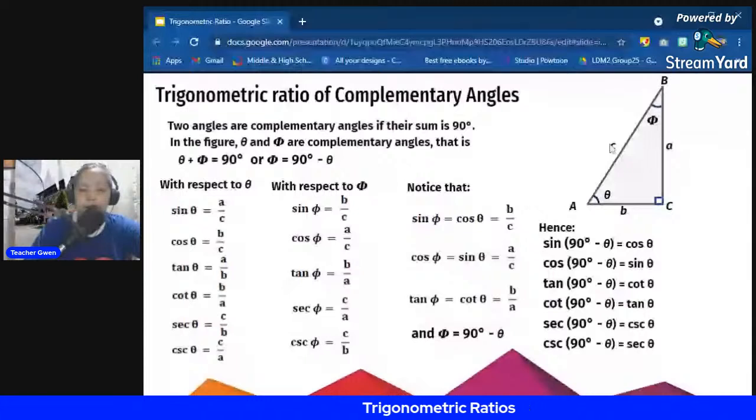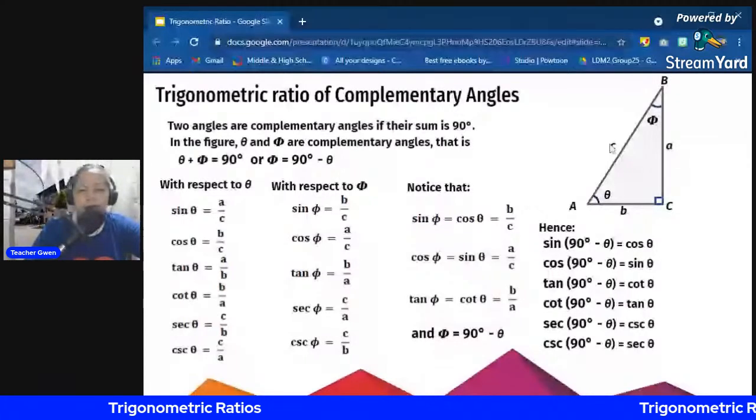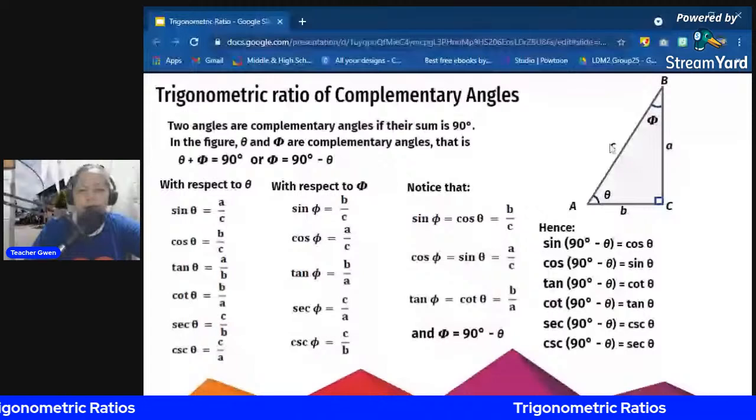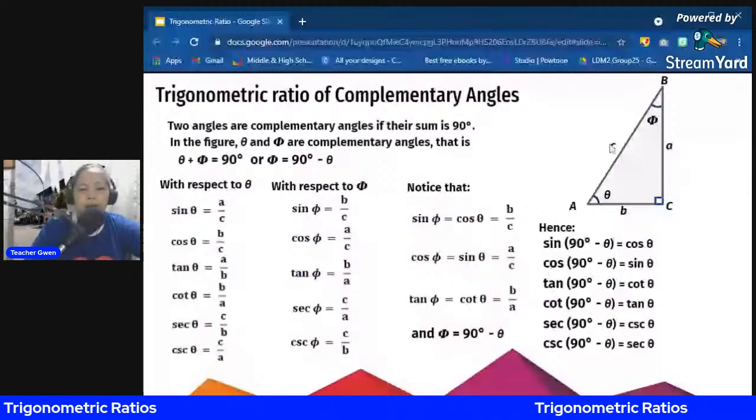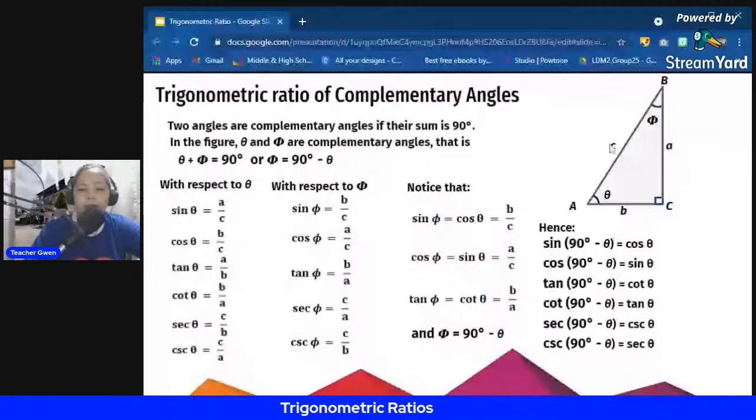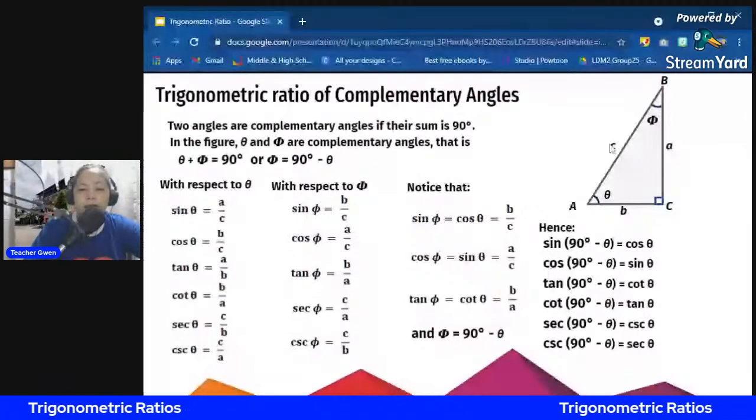We can see that sine phi is equal to cosine theta, which is b over c. Cosine phi is equal to sine theta, which is equal to a over c.